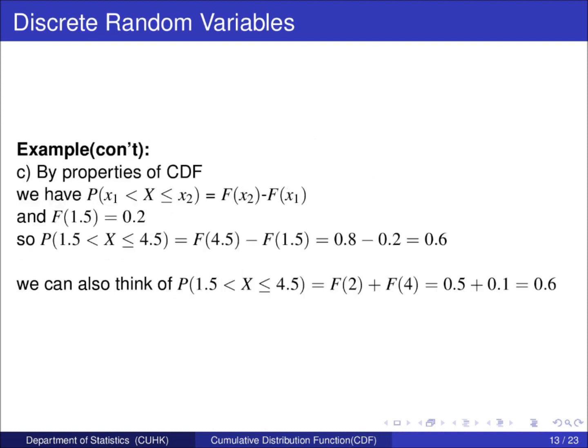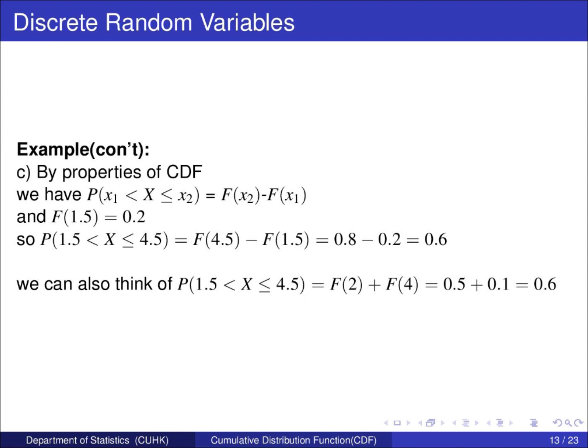For part C, we are going to find the probability of x larger than 1.5 but smaller than or equal to 4.5. By the property of CDF, we know the probability of x between x1 and x2, the two given values, is equal to the difference of two cumulative distribution functions, which is F(x2) minus F(x1).